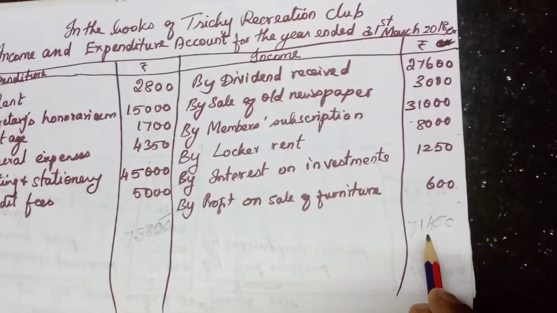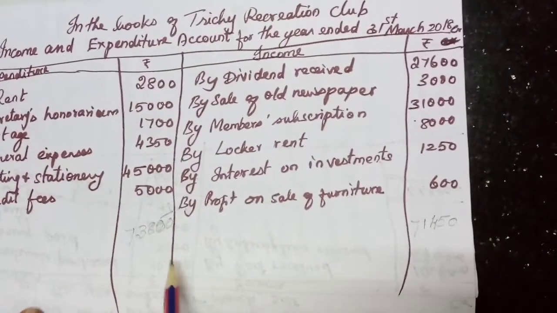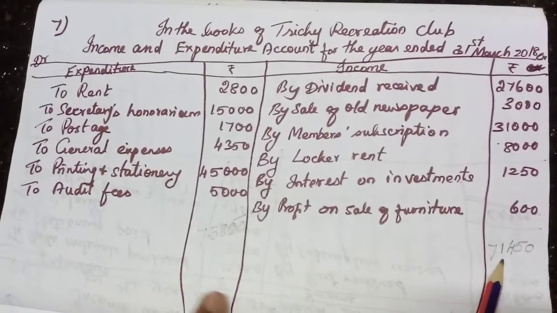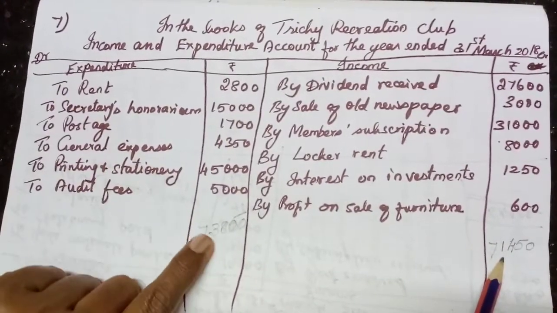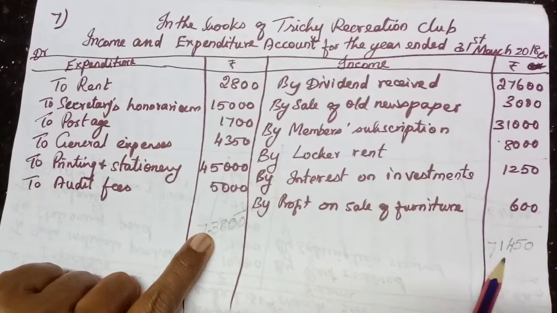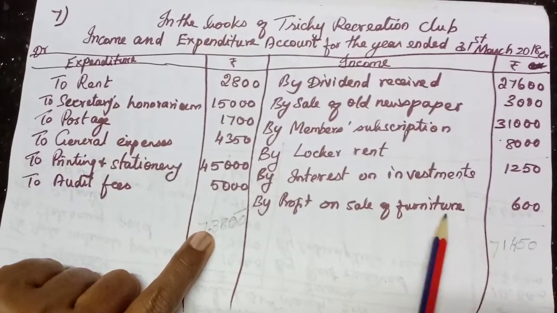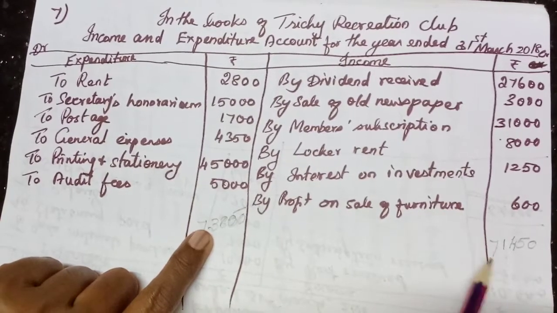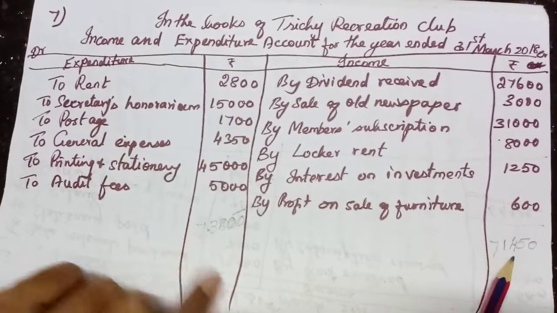So which side have we got more? This one. Now we have got the debit side, the expenditure side, more than the income side. So here only we have to write the balance amount. So we have to calculate the balance amount also.